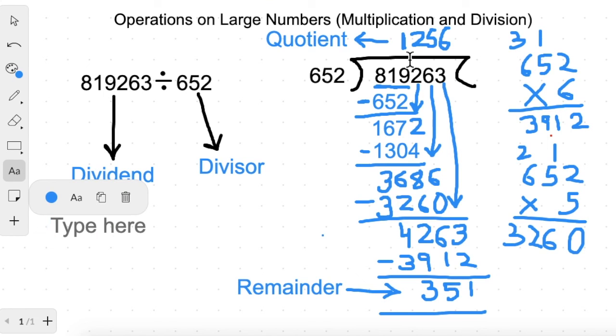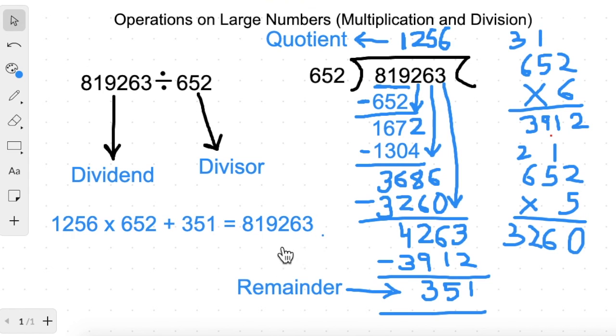If you multiply quotient, which is 1256, with the divisor, that is 652, after getting this answer, if you add remainder to it, that is 351, you will always get the dividend, that is 8,19,263. And if you are not getting this, it will mean that your quotient or the remainder is not correct. So you can always verify your answer with this.